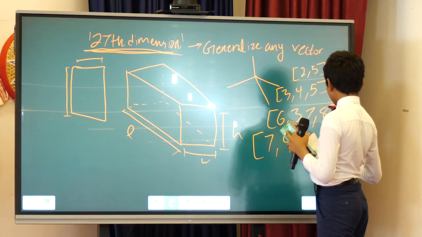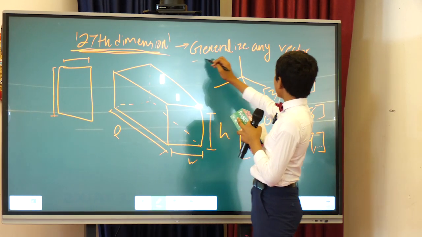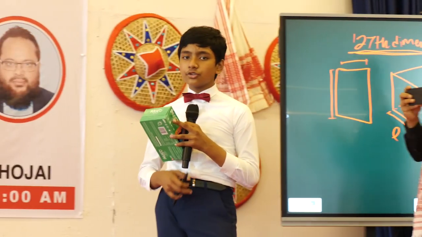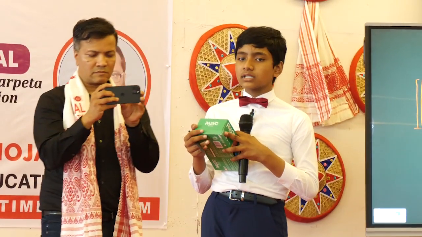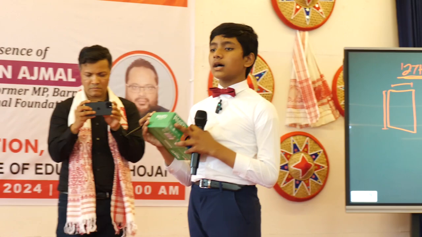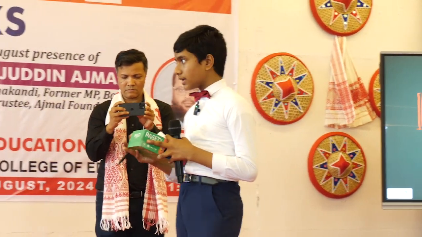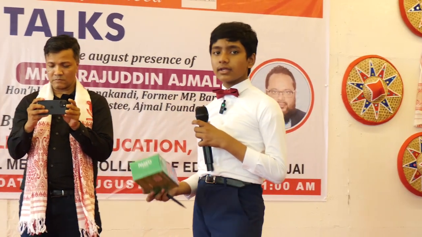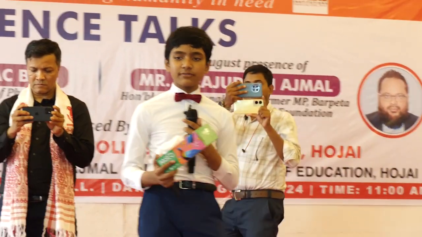So, we just generalize any vector because it makes things easier for us to do in higher dimensions, which we often need to do when considering theories that utilize higher dimensions. Of course, we already can see 3D in real life, but when it comes to 4D, which is what general relativity often uses, we can't actually visualize that.